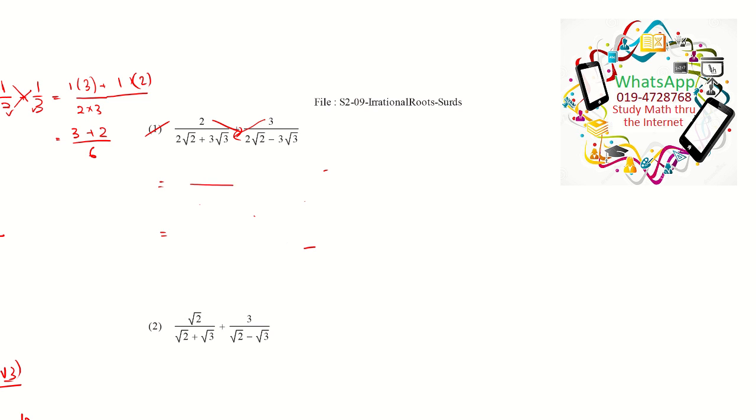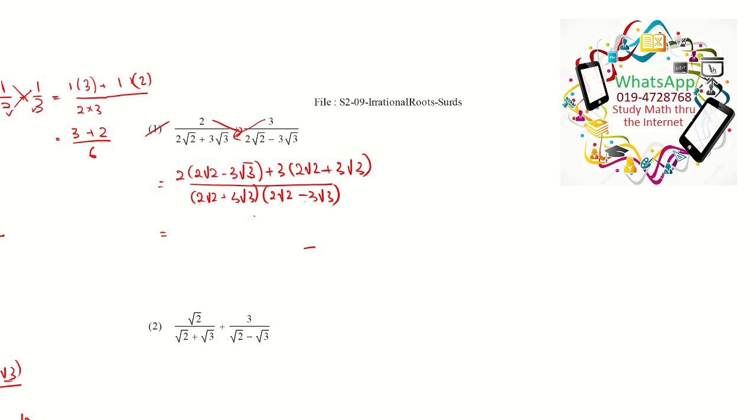Okay, denominator 2 root 2 plus 3 root 3, 2 root 2 minus 3 root 3. Numerator 2 times 2 root 2 minus 3 root 3 plus by 3, 2 root 2 plus 3 root 3.